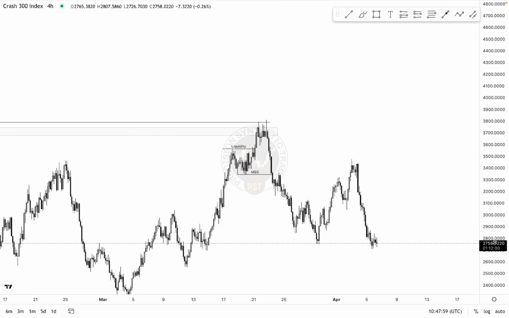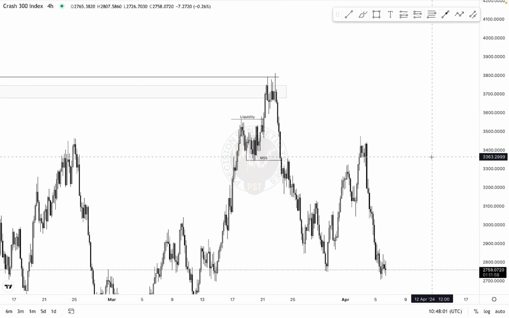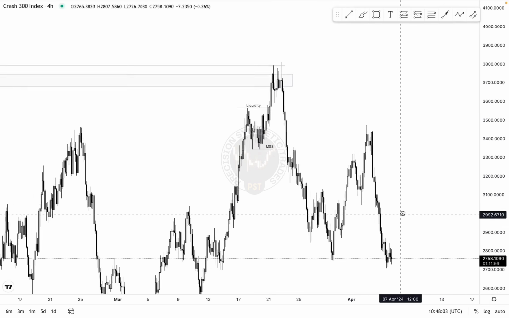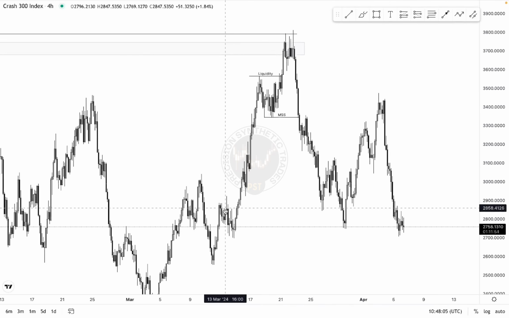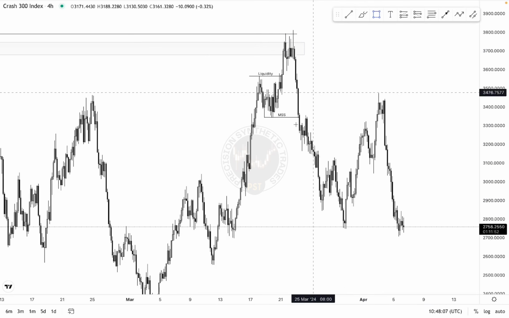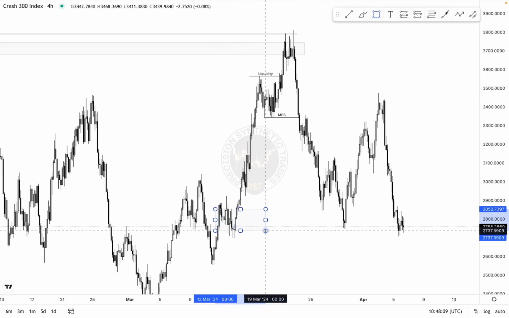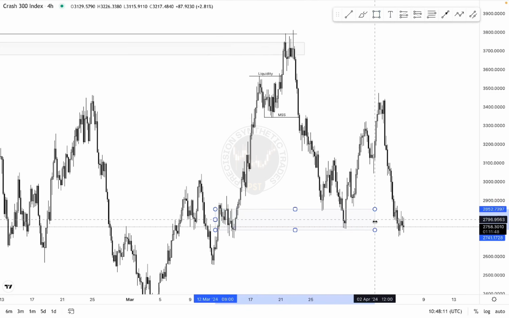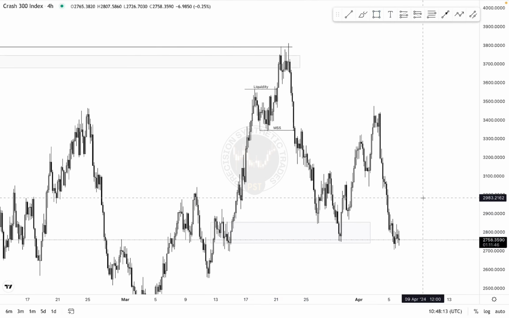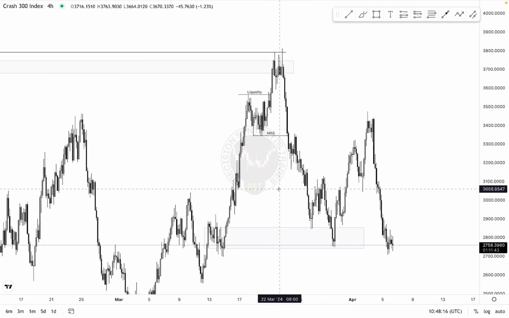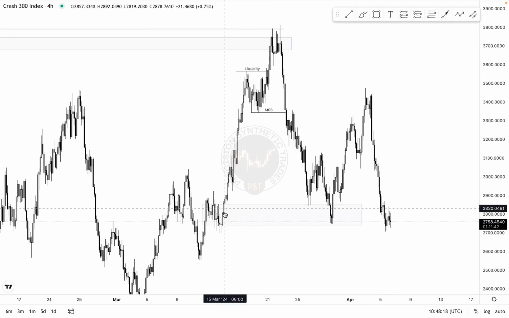Now, what we are looking for, as we can see, price came down. Price literally came until this area here before price retraced back up. Why did price come to this area?